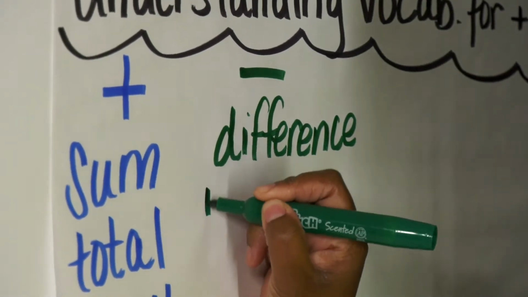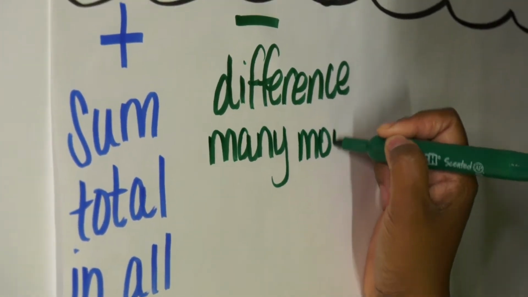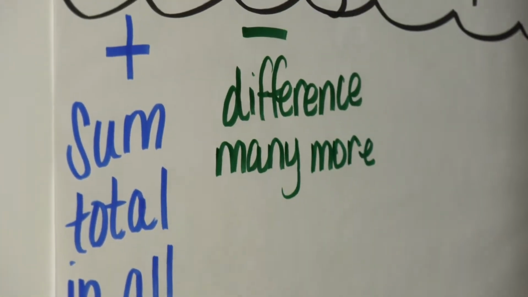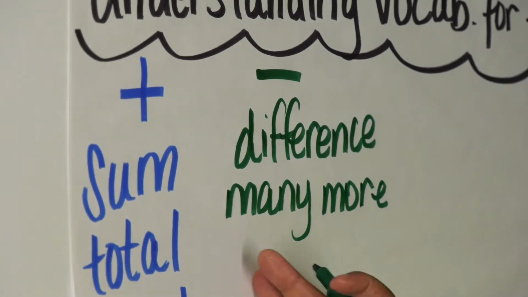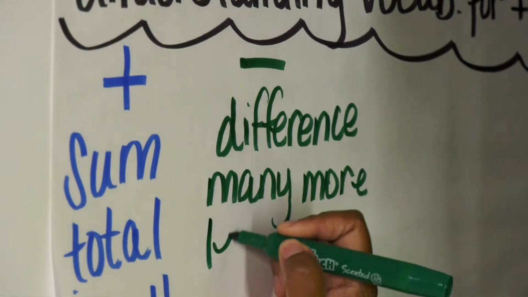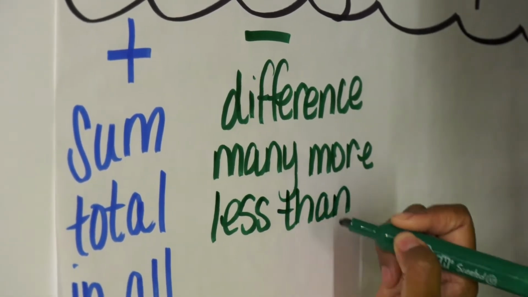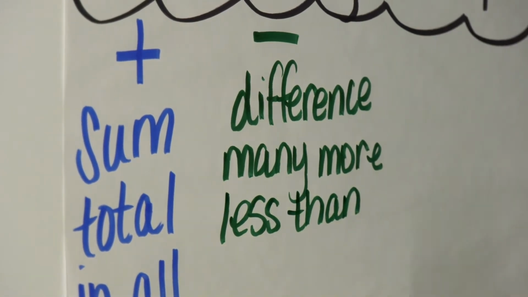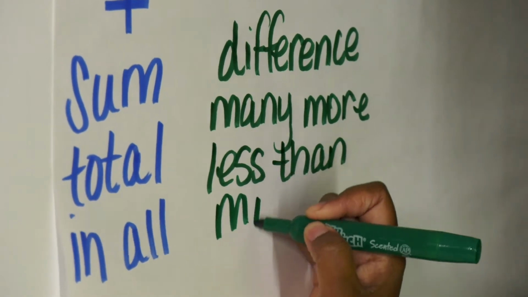Another phrase you may see is how many more. And the phrase, how many more, is another phrase that tells us to subtract. Another phrase, less than. Okay, and of course, the symbol itself, minus.